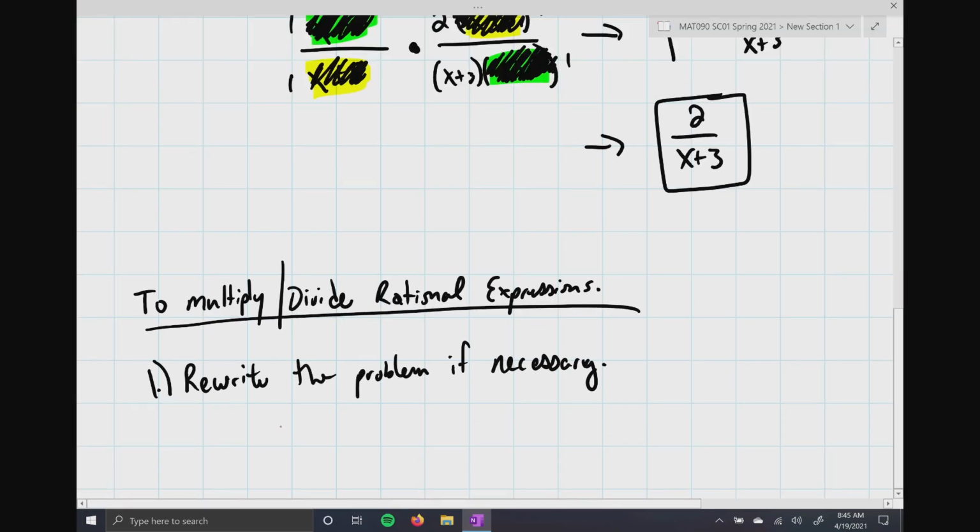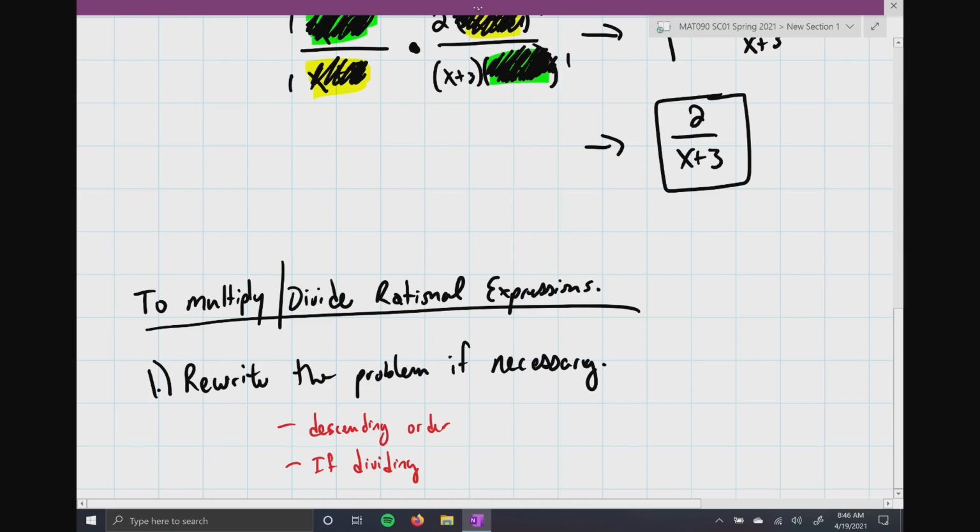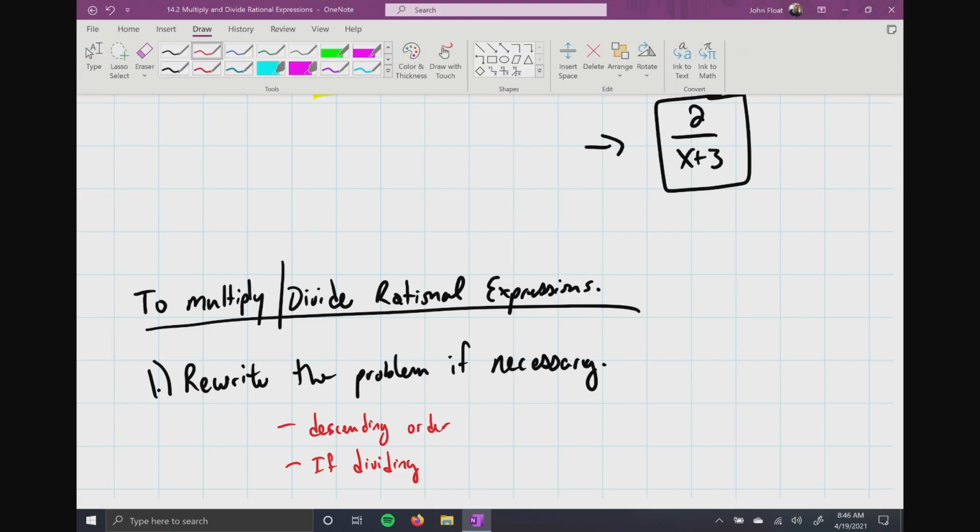What I'm talking about is descending order, or if you're dividing. Because remember, when dividing, you rewrite the first fraction, change division to multiplication, and reciprocate the second fraction. So if you need to, rewrite the problem if necessary. Don't worry, we'll definitely do that today.